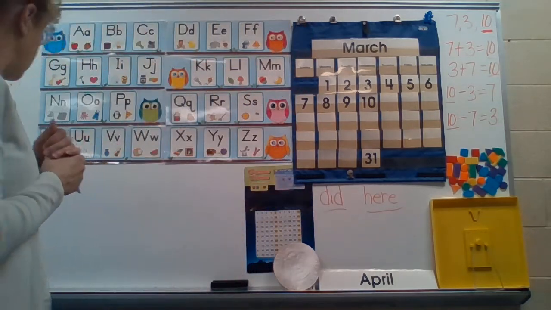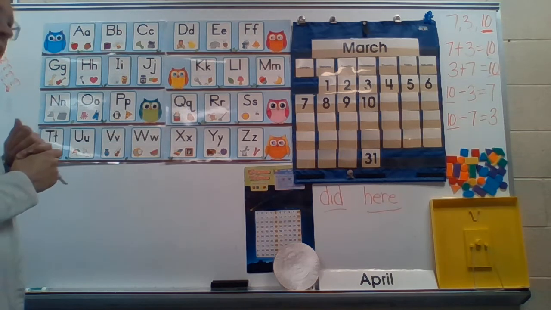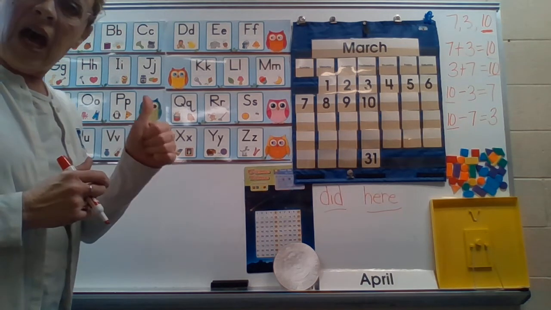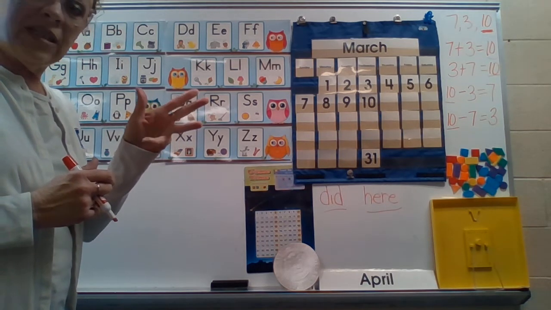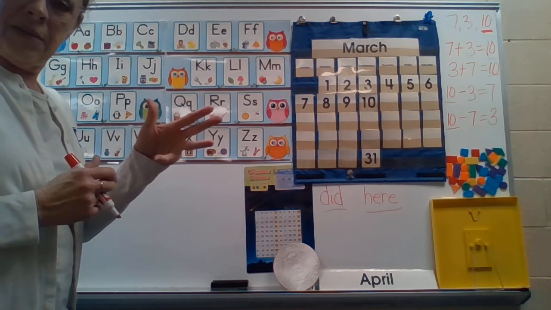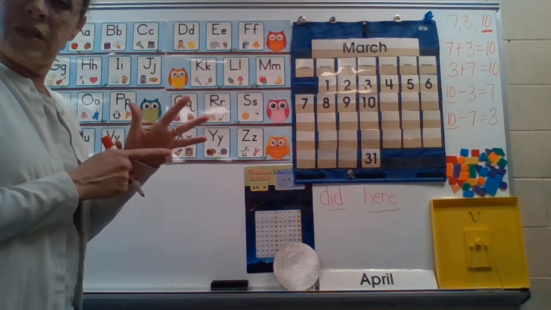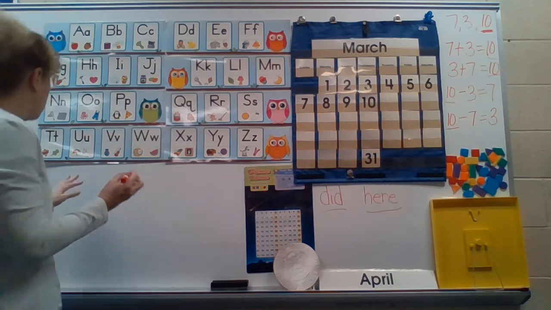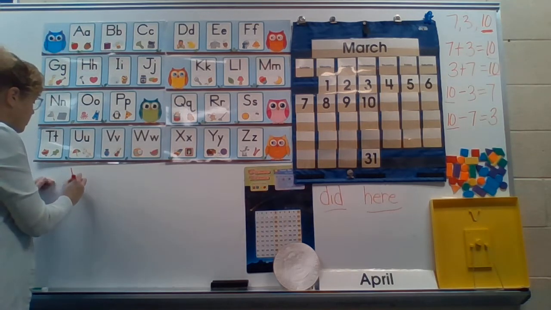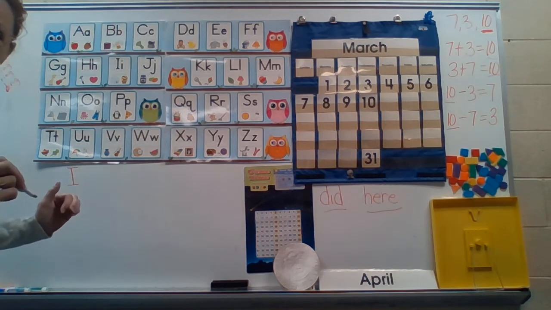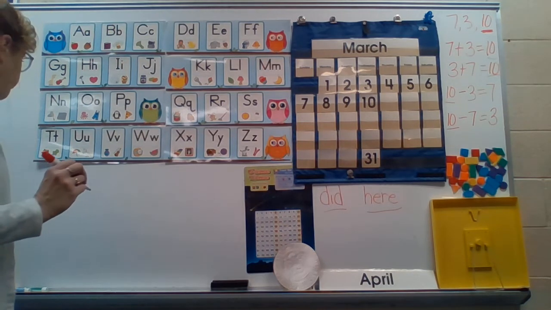Okay? So let me see. My first sentence is, I see cookies here. 4 words. Starts with I. I'm going to start over here because I know I'm going to write 3 sentences, so I need a lot of space. So you might want to write small on your board.